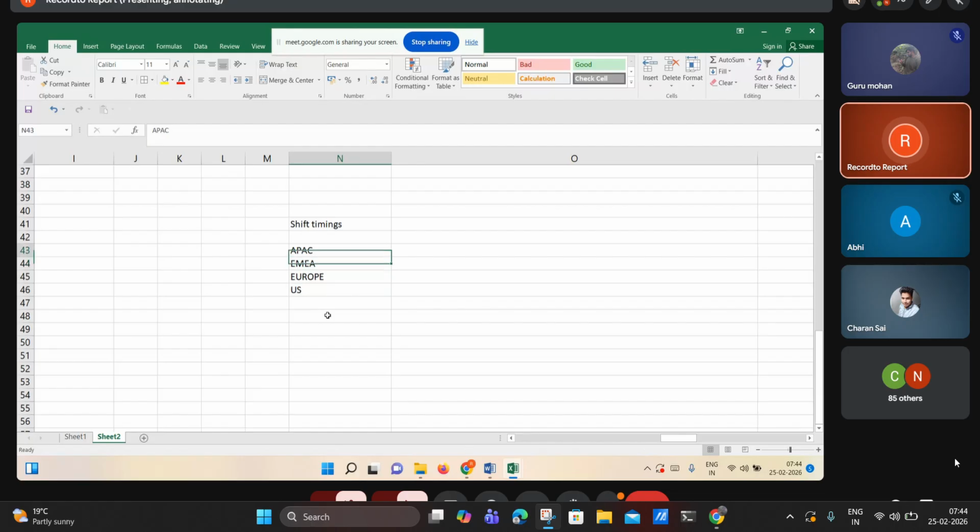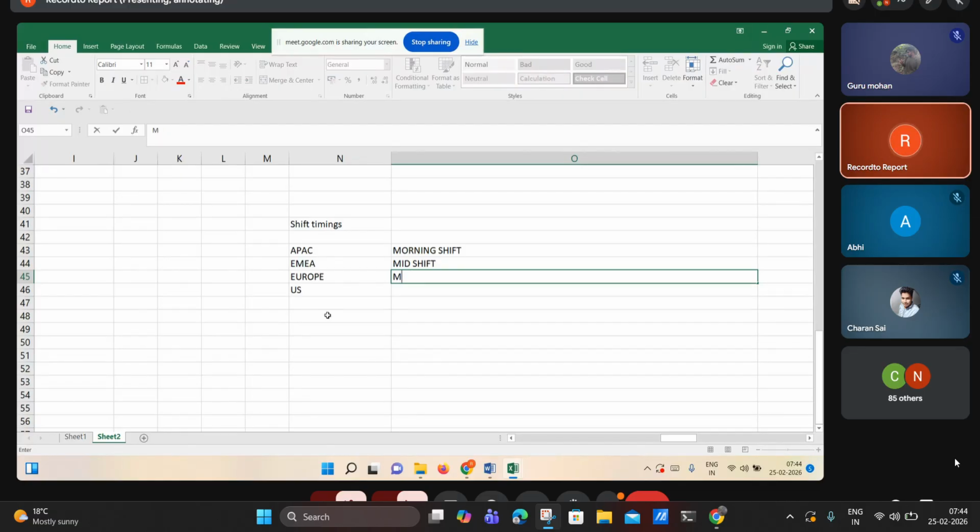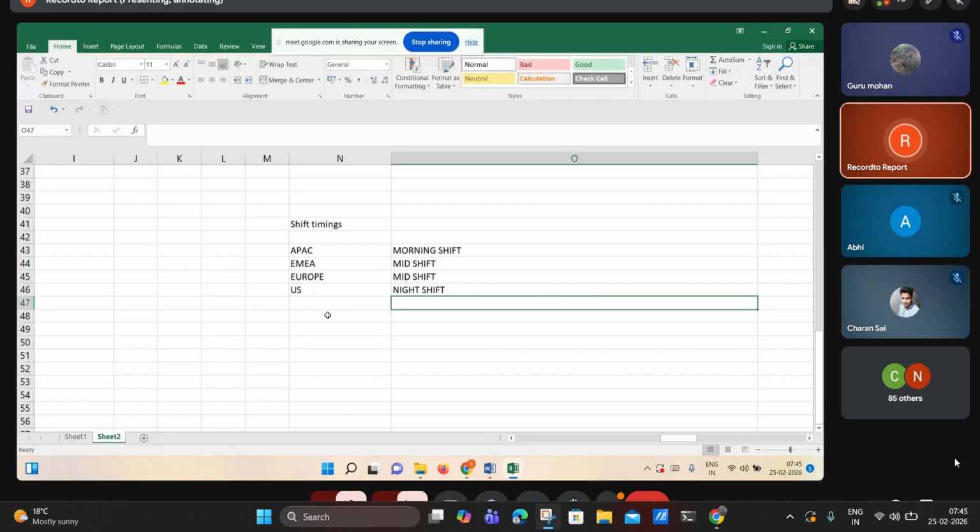If you get a chance to work with the APAC region, it is morning shift. EMEA region, that is UK shift, is mid shift. If you get a chance to work on US, which shift, guys? US shift, night shift.